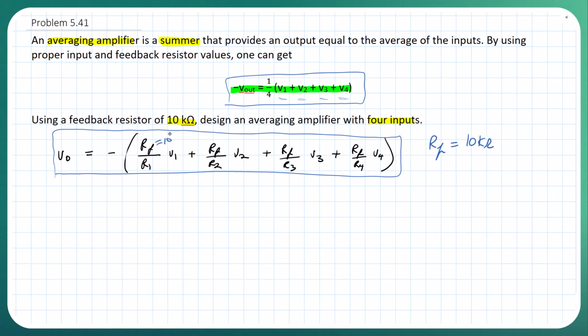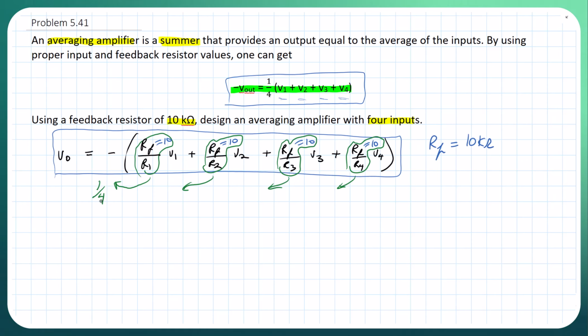If we factor these values out, then our output should be 1/4. That ratio should be 1/4. So just by visually inspecting it, I can say, well, if I need 1/4, I can just take 10/40. That's going to give me my 1/4.